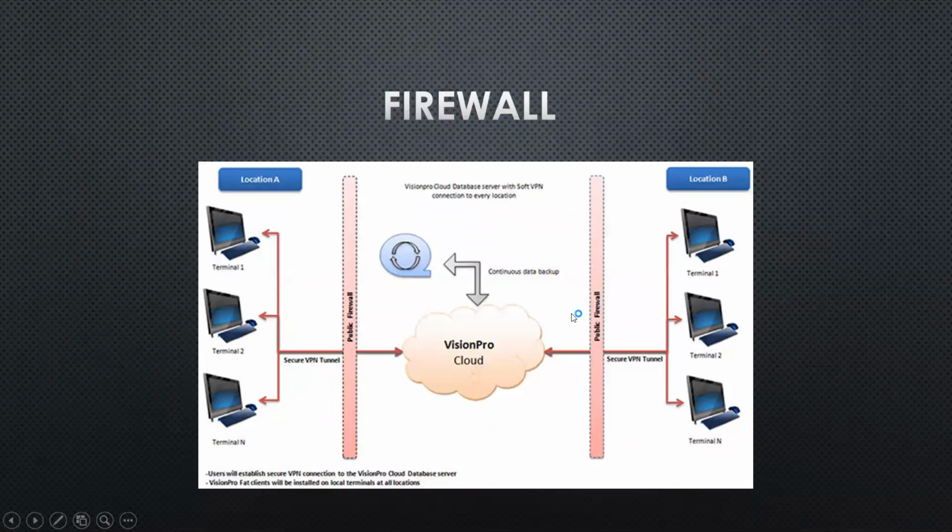In the client-server structure, I will add a public firewall to protect against any threat, any type of scam or virus that is trying to attack the client or the local network.